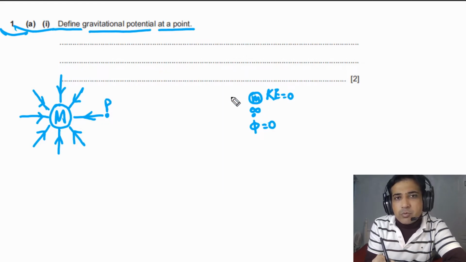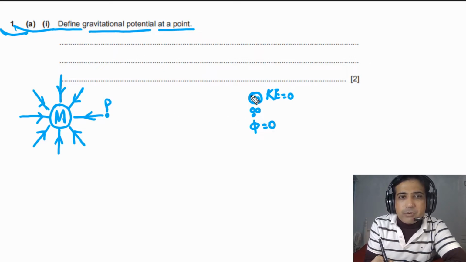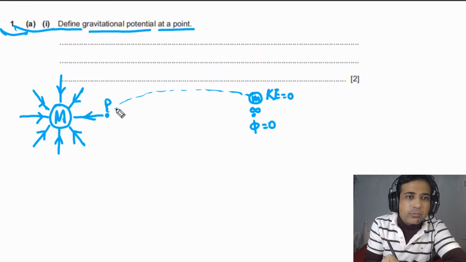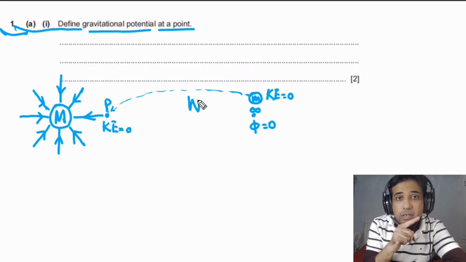Now you have to bring this unit mass from infinity to point P. And when you bring it to point P, its kinetic energy also has to be 0. It simply means that you have to move this mass very slowly. In order to move this mass very slowly, you have to do work against gravity.